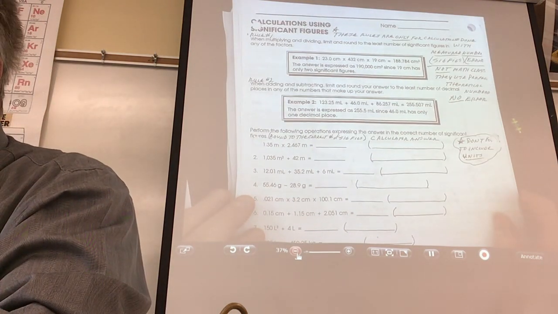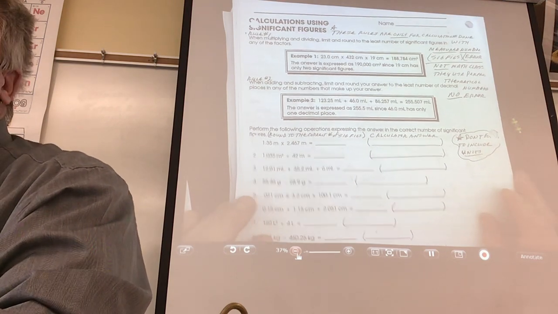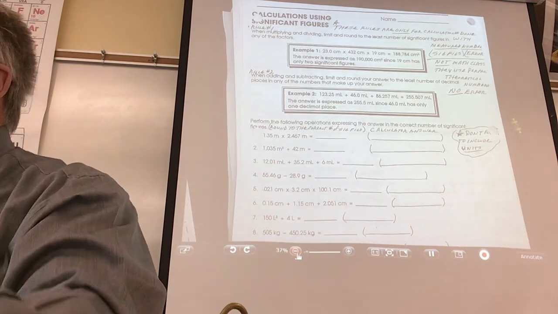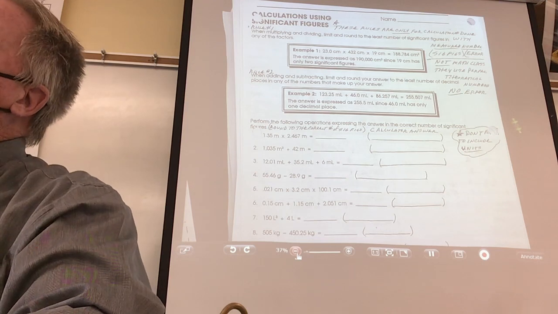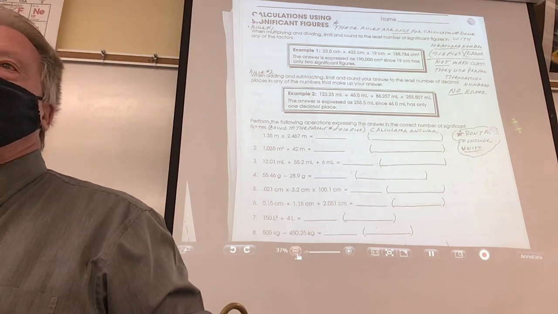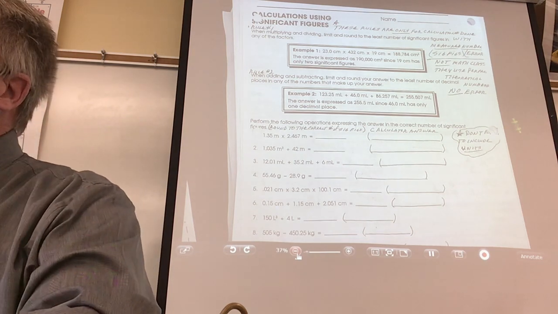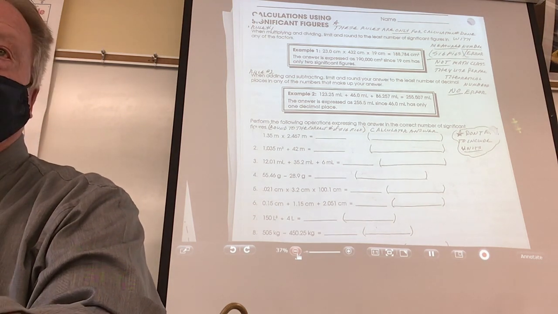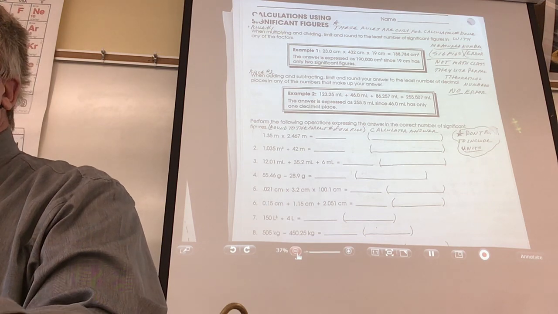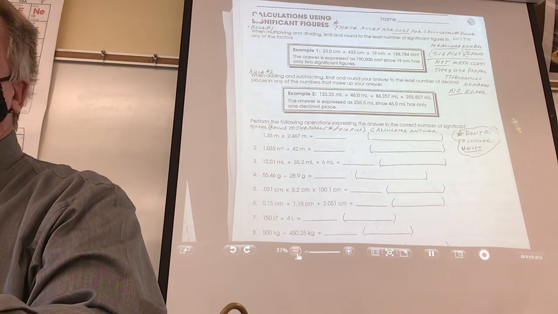I want to show you on the next page, and some of you are going to like this because you like numbers, and some of you are going to say, oh no, something else I have to learn. Okay. Guess what happens when you start doing calculations with numbers that have error? You don't want to tell a lie.